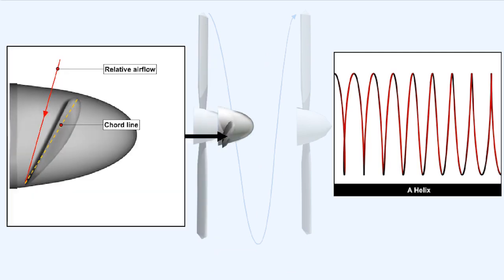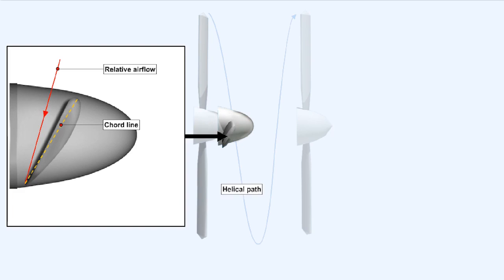The path of the propeller blade through the air, which describes a helix, determines the direction from which it will receive its relative airflow. This helical path is the resultant of the propeller blade rotational velocity and the aircraft forward velocity.